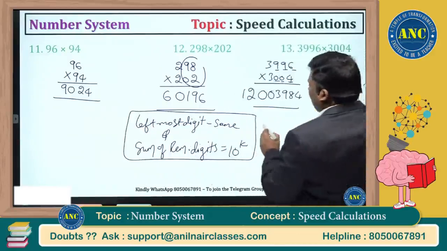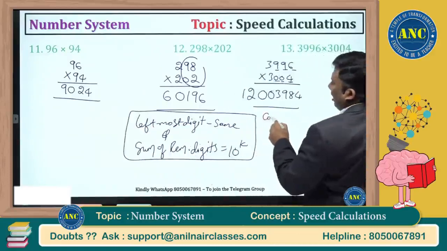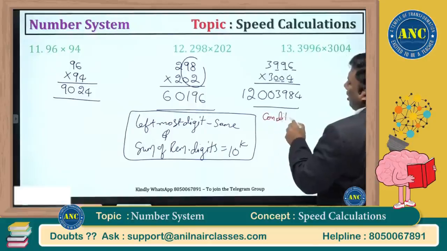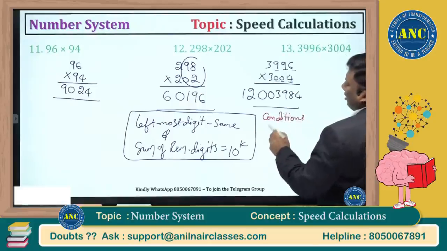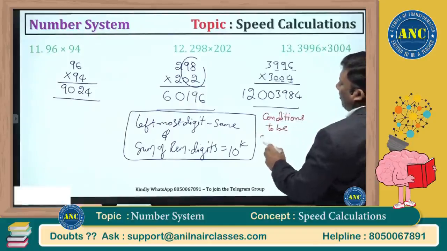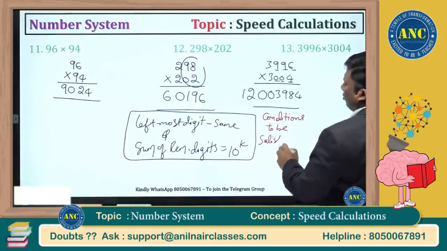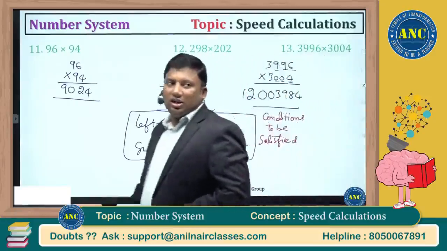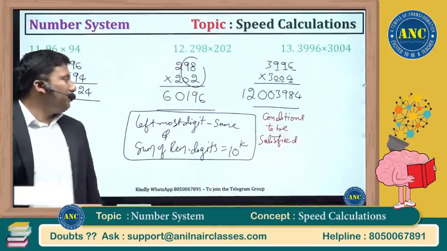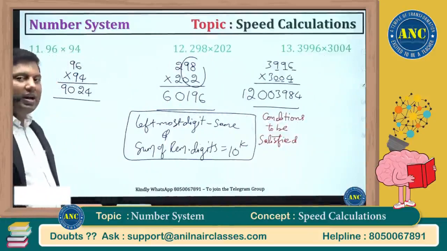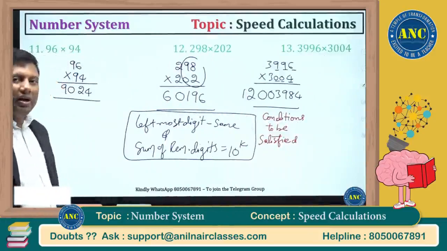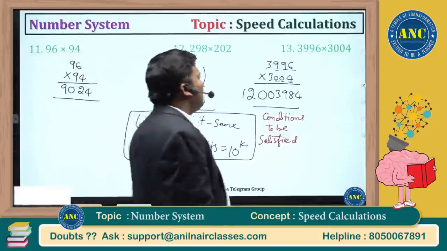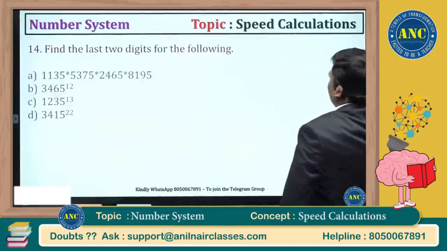Both conditions should be true. First condition is leftmost digit should be same. Second condition is sum of remaining digits is 10 power k.